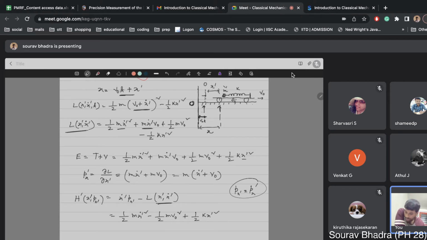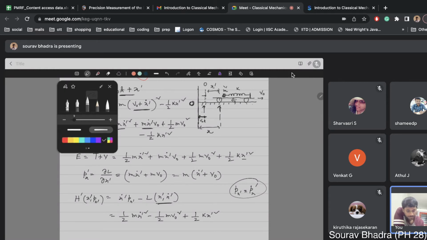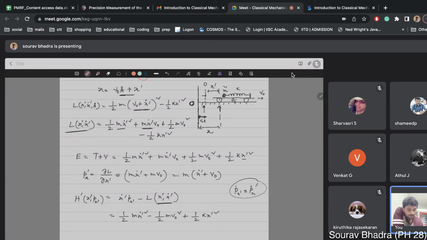Now notice this equation, where earlier it was the total energy and here the Hamiltonian.